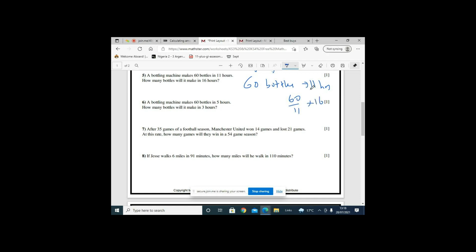So you can use a calculator. It's going to be around 87 bottles. So around 87 bottles will actually be made, because 16 is more than 11.